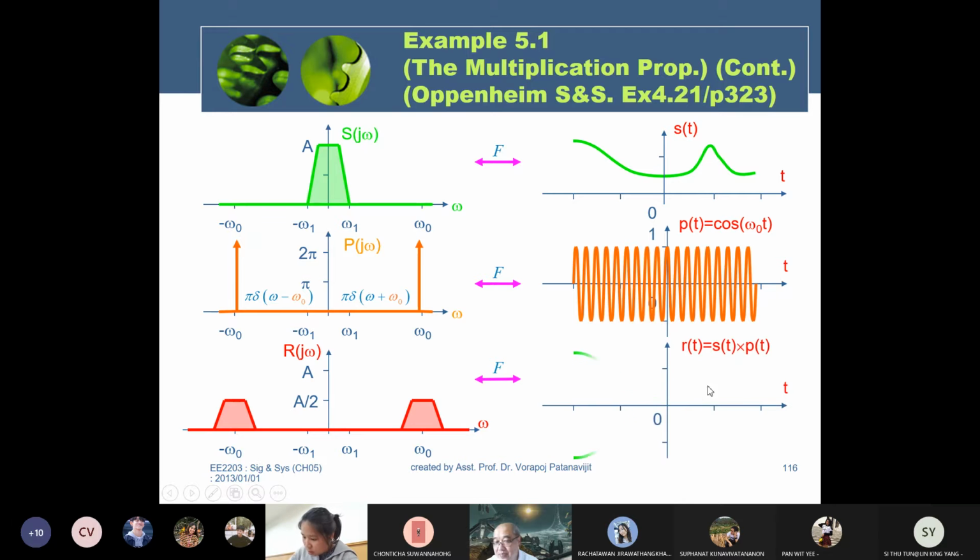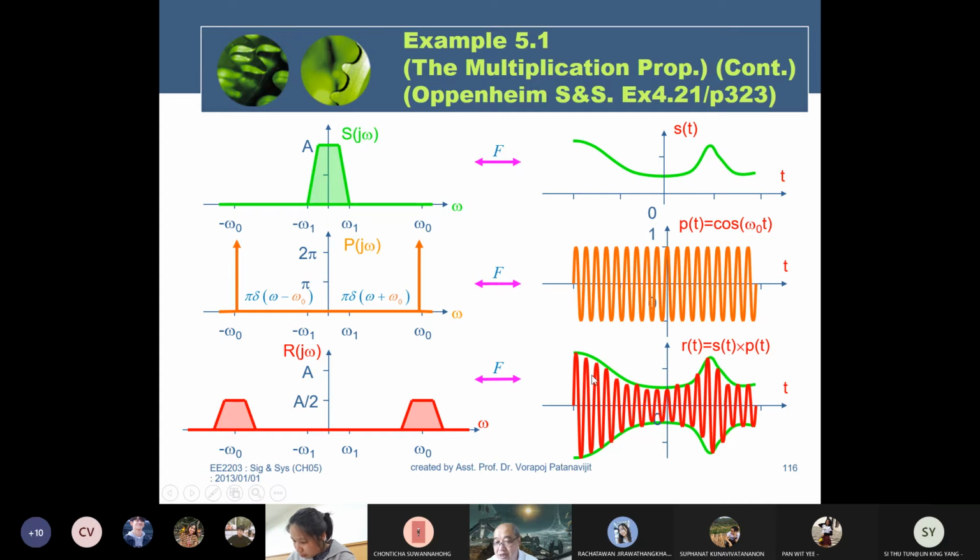You can see the envelope, the magnitude, in green, but the detail, the data that you transmit, is in the sinusoidal waveform. The amplitude of the carrier carries the message. That's why we call this technique amplitude modulation.